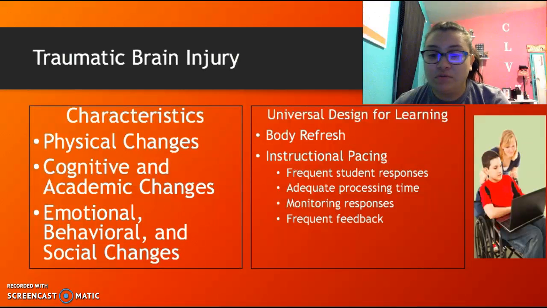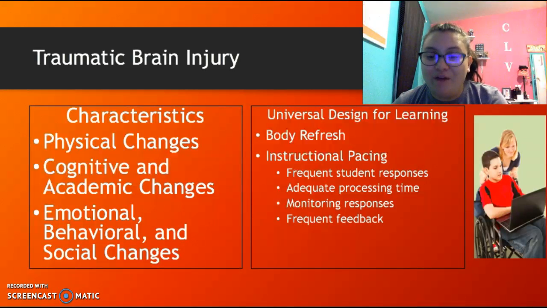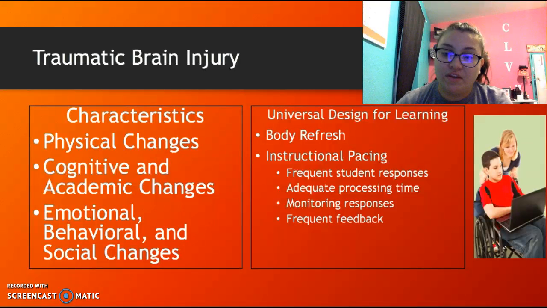So emotional, behavioral, and social changes can be especially problematic for children and youth with a TBI. A TBI often makes it difficult for students to pay attention as teachers present course content, especially when it is in a lecture format.